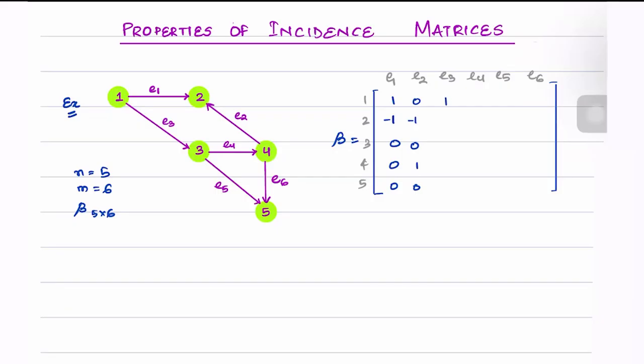E3 starts at 1 and ends at 3. E4 starts at 3 and ends at 4. E5 starts at 3, ends at 5. And the last one, E6, starts at 4 and ends at 5. So this is our incidence matrix.